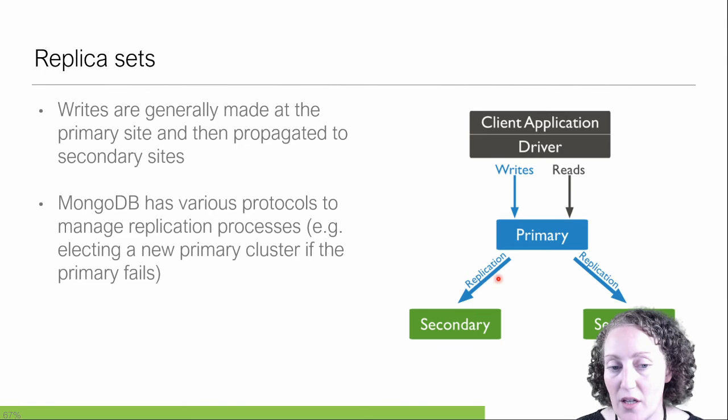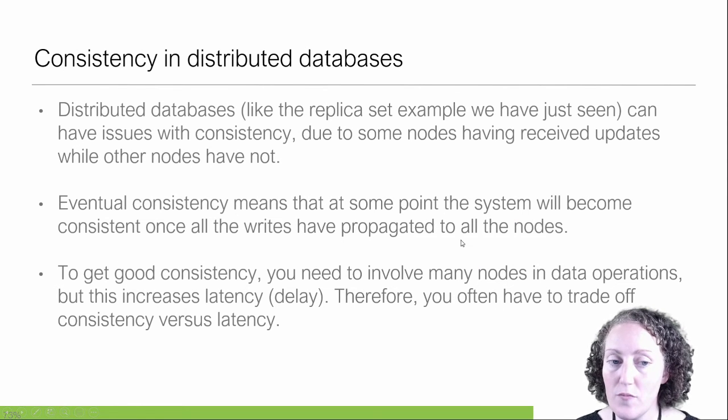But even if things are working correctly, that'll take a second or two. And if the link between this primary site and this secondary site goes down, then it might be a longer amount of time until the update is reflected there. So that might mean that we have information that's inconsistent between the different sites.